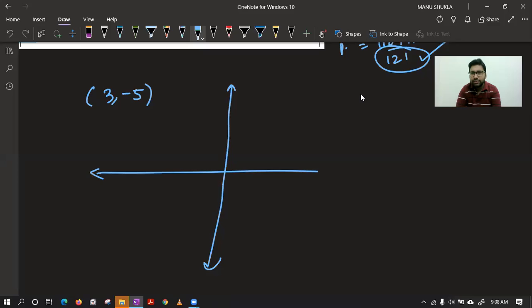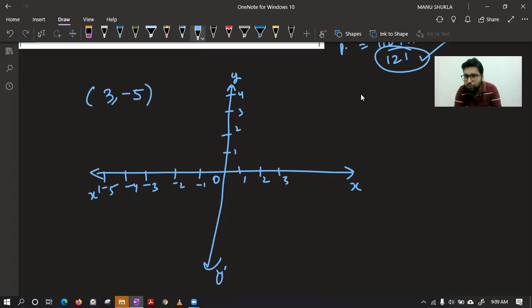This is your x-axis. So y dash, x dash. This is 0, 1, 2, 3, minus 1, minus 2, minus 3, minus 4, minus 5, 1, 2, 3, 4. Sir, I was saying that we have studied plotting also. Okay. I thought you were asking the doubt. You were just telling we have studied that also. Okay, good. So 1, 2, 3, 4, 5.